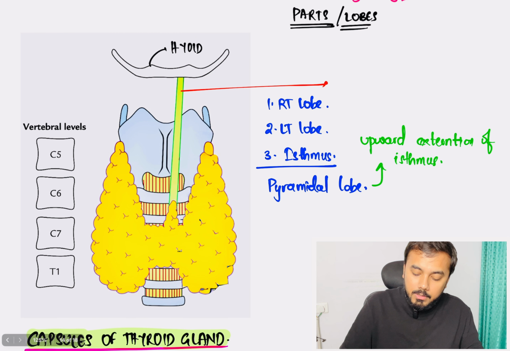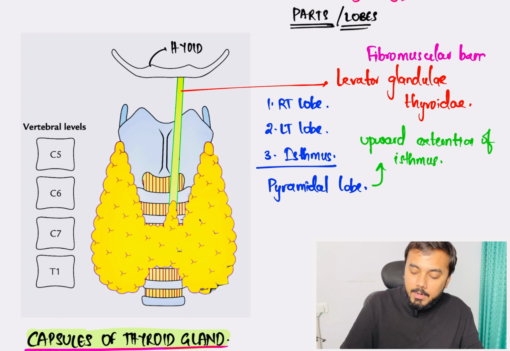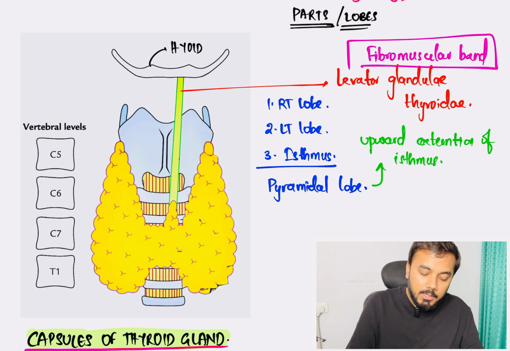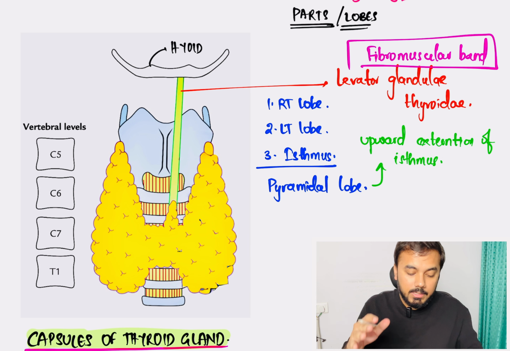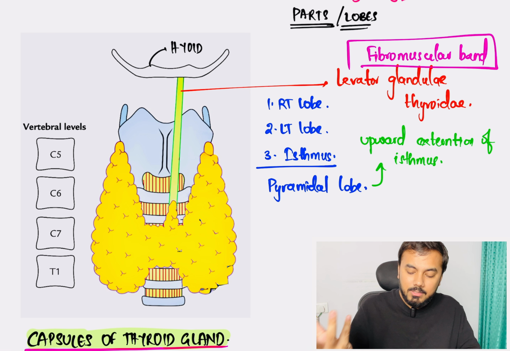This part is your levator glandulae thyroidae. It is actually a fibromuscular band, and it is the band that connects your pyramidal lobe all the way to the hyoid bone. This is the basic thing which you have to remember. Now the next question that comes to your mind is, what is this fibromuscular band?